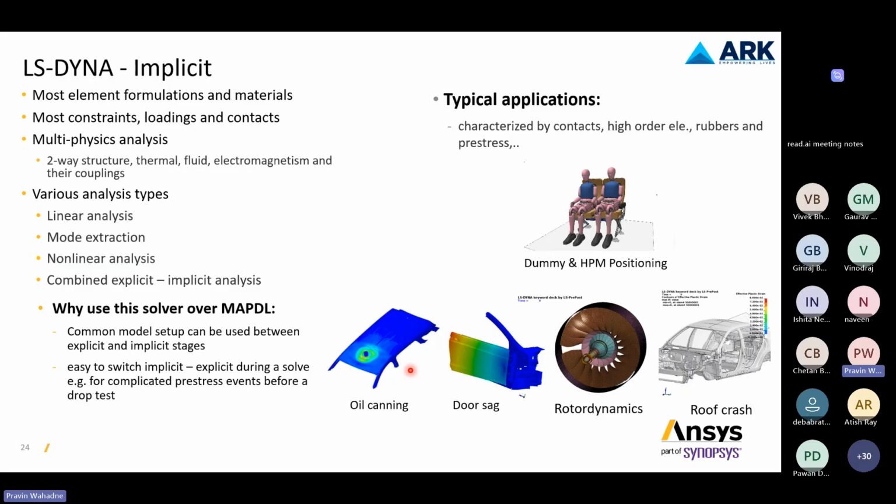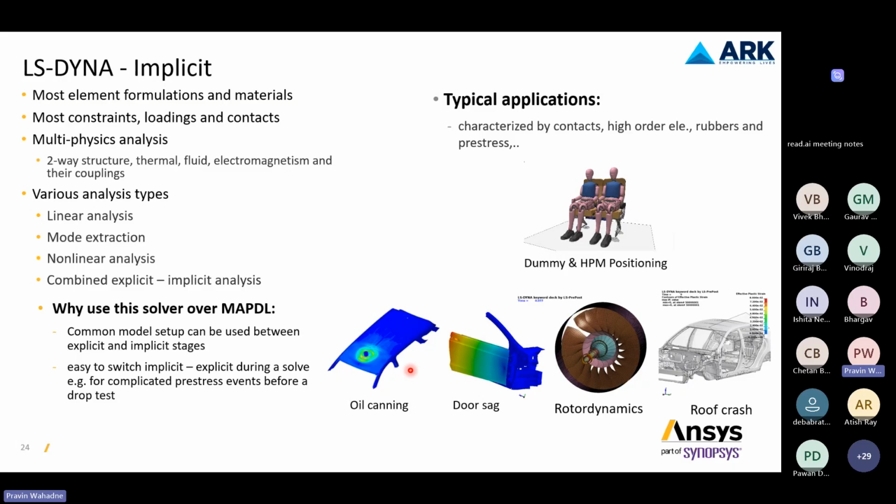As an implicit simulation, you can also use this for multiphysics analysis, where two-way structural, thermal, fluid, electromagnetic couplings can be done. Various analysis types are available, such as linear analysis, modal extraction, nonlinear analysis, and combined explicit-implicit analysis. Mainly, these are the capabilities we have in MAPDL, like Ansys Mechanical.